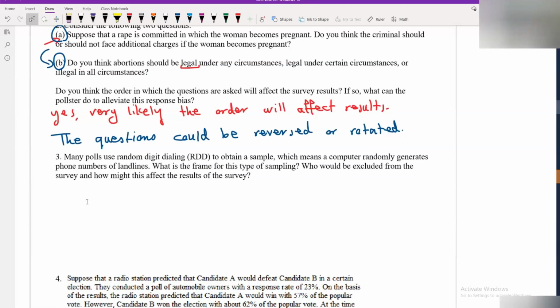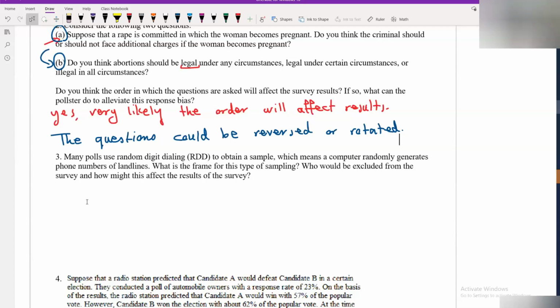Number 3, many polls use random digit dialing. So it's RDD for random digit dialing to obtain a sample, which means the computer randomly generates phone numbers of landlines.